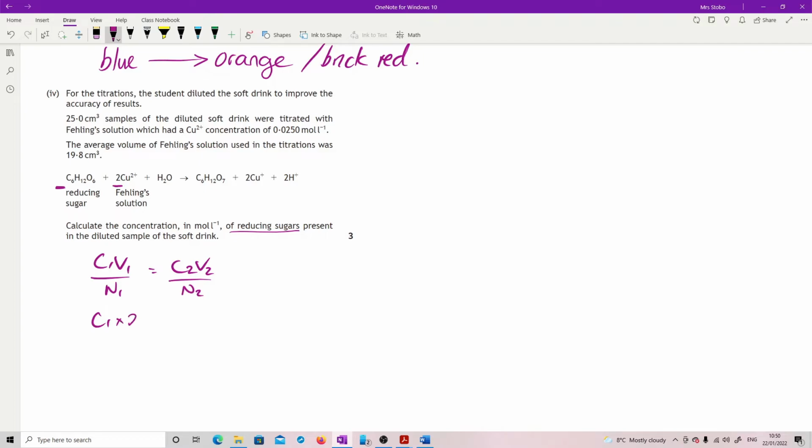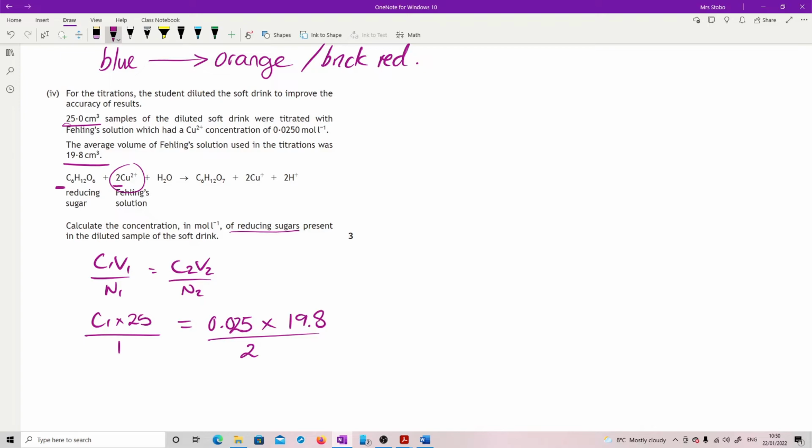The volume of the sugar sample was 25 centimetres cubed, divided by the moles in the equation, which is 1. Then on the other side, we're going to take our copper. The concentration of that one was 0.025, times that by the volume, 19.8, and divide that by 2.